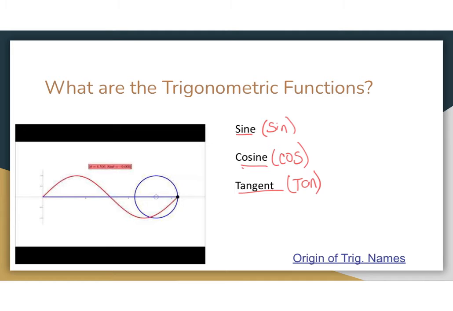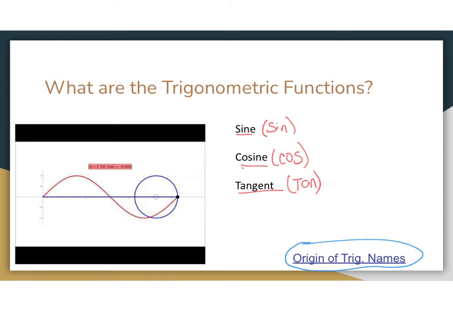And right triangles are also used in combination with a circle to come up with sine and cosine. So if you're really interested in this unit, you might want to consider pre-calculus as a next math step that you would need to take. And if you're interested in why they came up with the name sine, cosine, and tangent, you can go to the notes section and click on origin of trig names.